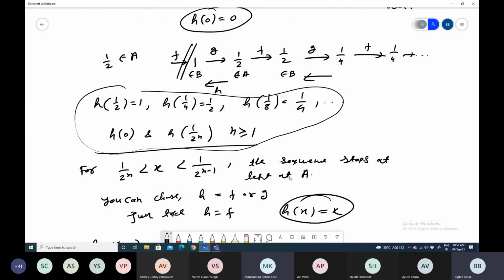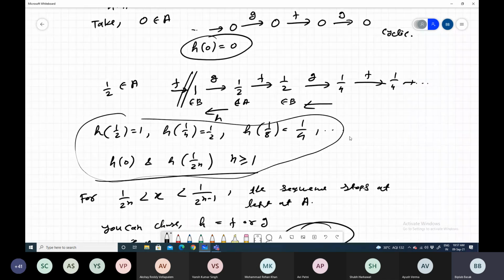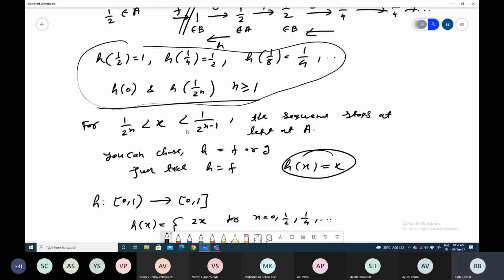Where it stops at A, whenever you have numbers in this range, it will stop at A, and otherwise if you have this kind of elements, say 1 by 2, 1 by 8, then it stops at B. So it has a beautiful pattern. So it is easy to guess the ranges where you have to define F or G. Just try with a few numbers, then it is easy to guess.